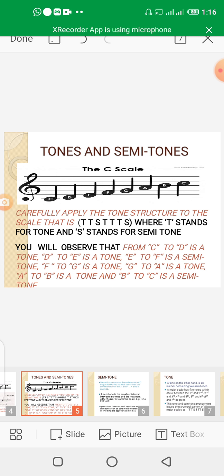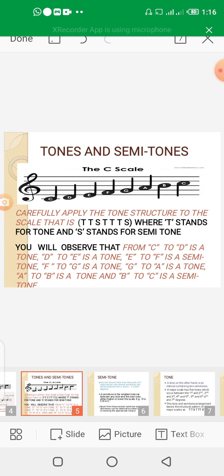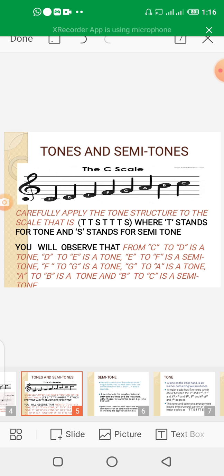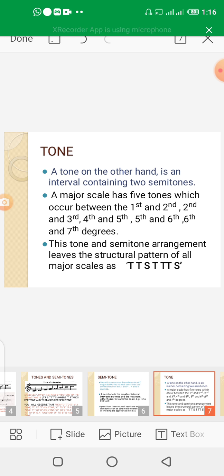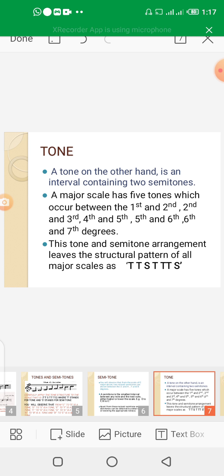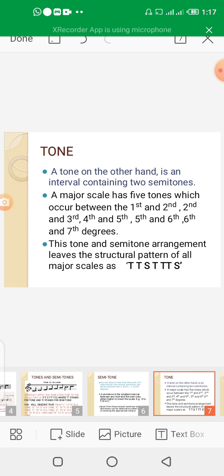Now look at C to D. The second, which is D, and the third, which is E. The fourth, which is F, and the fifth, which is G. The fifth, which is G, and the sixth, which is A. The sixth, which is A, and the seventh, which is B. Now those are the areas where you can find tones. The other intervals, you can only find semitones.